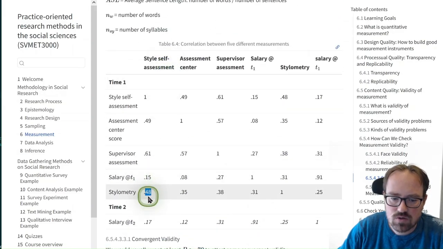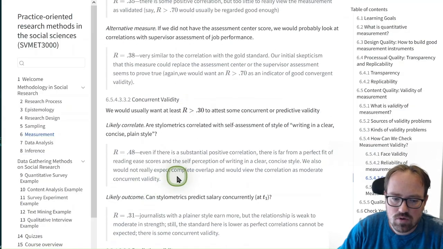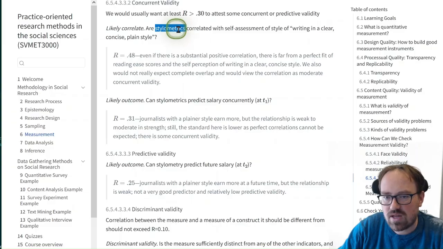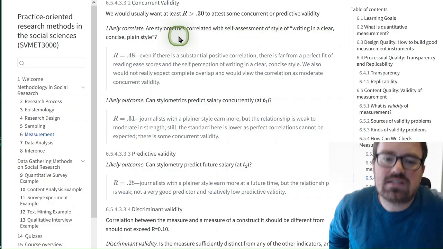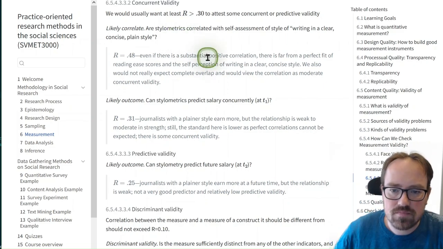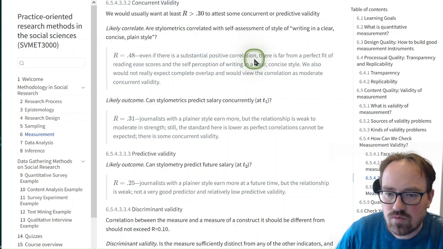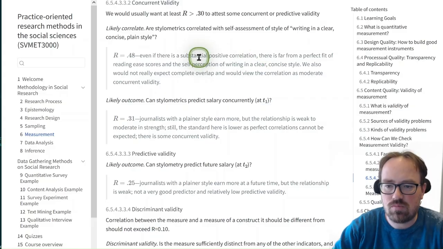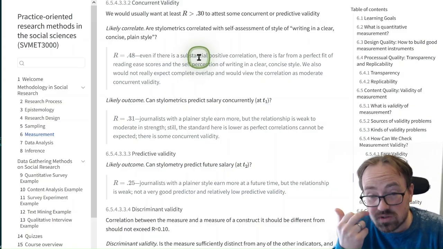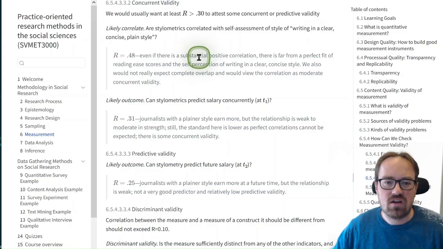So that is quite some correlation, and we see that stylometrics and this writing in a clear, concise, plain style also should be related. We have a substantial positive correlation, and that would say we have some concurrent validity.